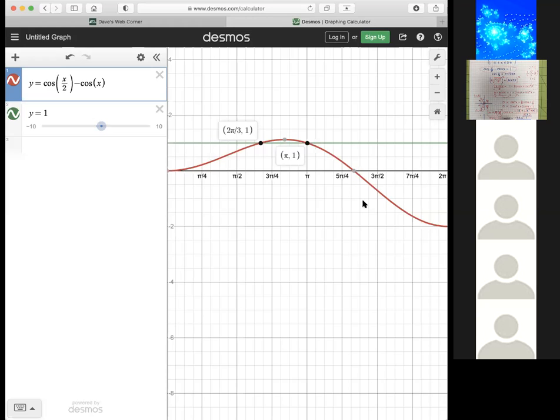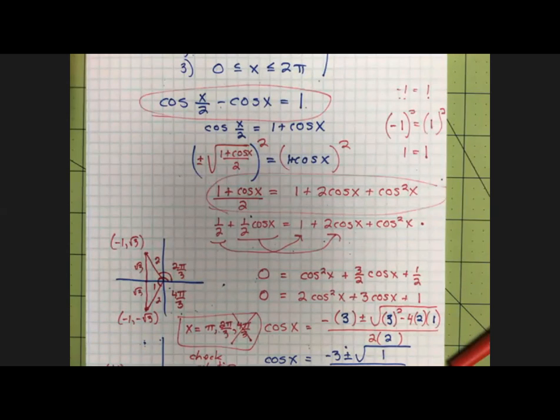But yes, whenever you do something like square both sides, remember that's legal, but it might create some false paths for you. Here's another reason why you want to graph to see the answer. When that happens, people call that an extraneous solution.